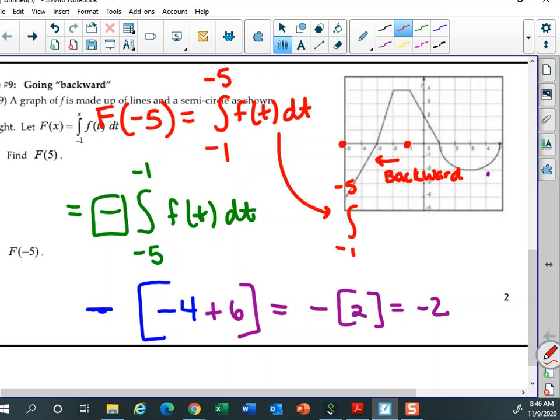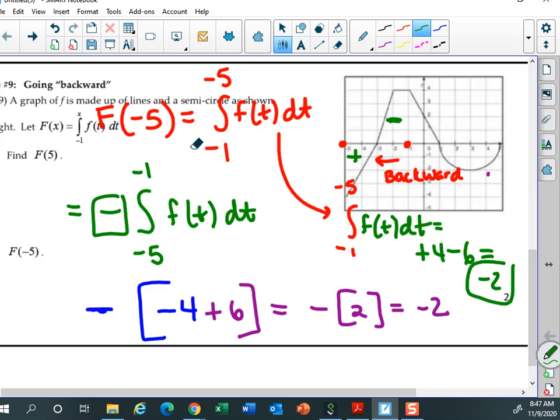That means the signs are going to reverse. And so the triangle will be +4, the trapezoid will be -6, will still come out to be -2.